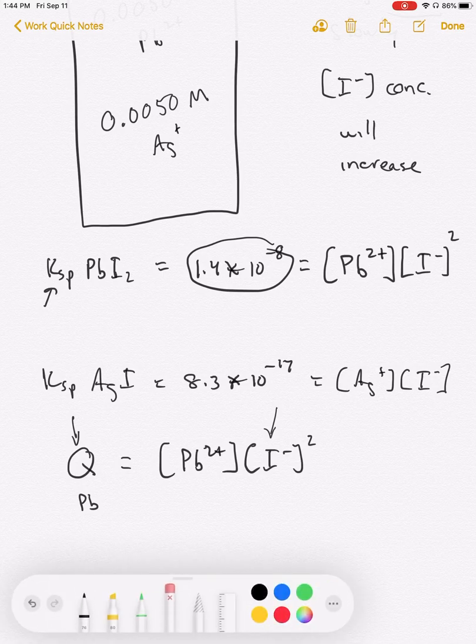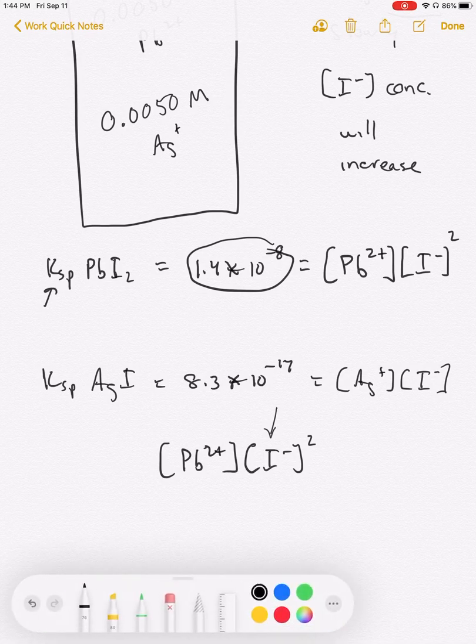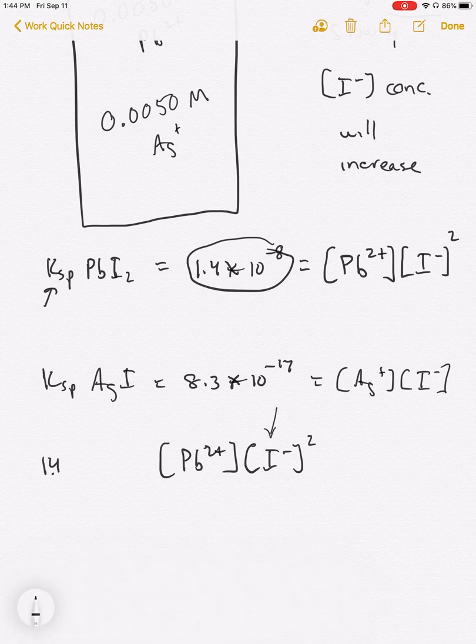So if we know our concentration of lead, which we know, and we know our K value, we can calculate the value of iodide that will make Q equal K and cause precipitation.